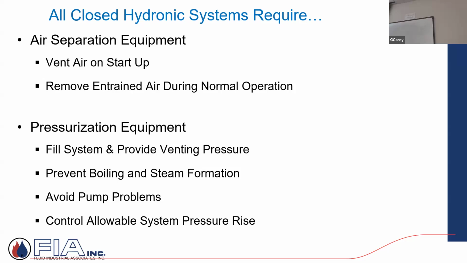And in addition to this requirement on the closed system air separation, we also have pressurization. So we fill the system and provide proper venting pressure, preventing boiling if you're dealing with high temperature water, which isn't that common, but you might get into some applications. Certainly avoiding pump problems, and then controlling the allowable system pressure rise.